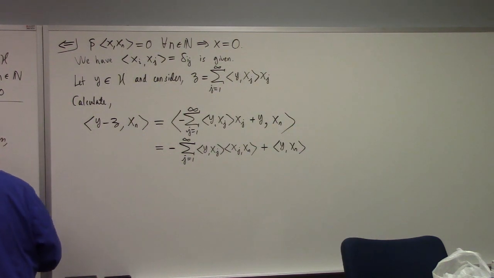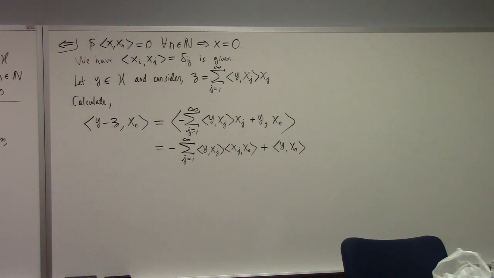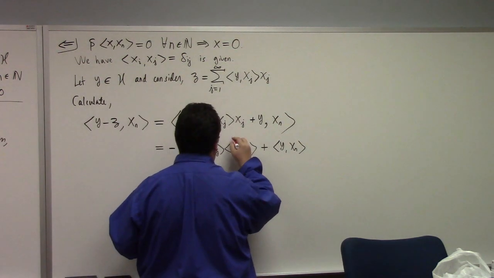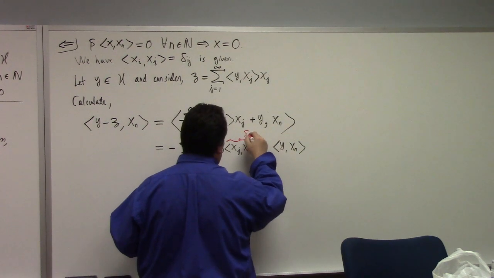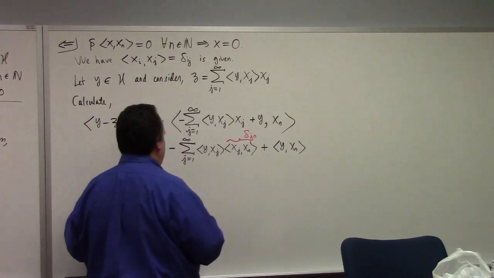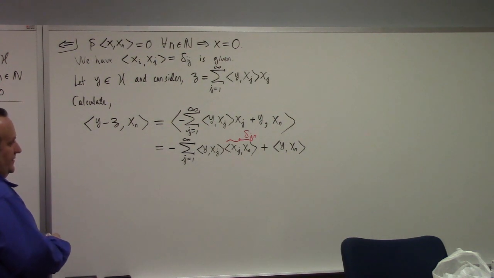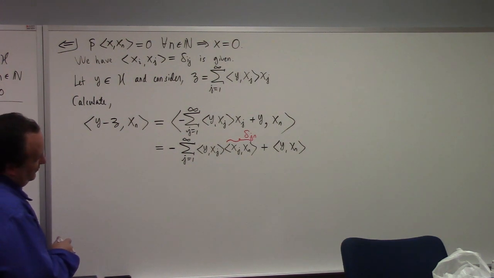Now, that is one of my favorite things, the Kronecker delta, the natural enemy of the finite sum. So the finite sum dies, and we're left with replacing the index j with the index n.